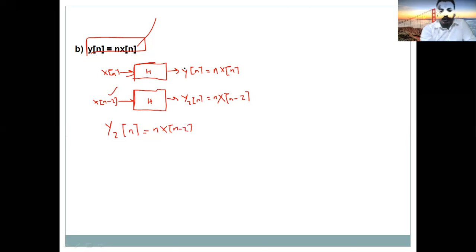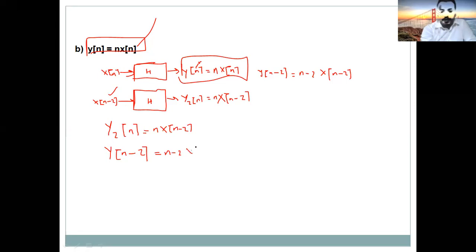Next, shift the output. When you shift the output by 2, you change n to n minus 2, so this n becomes n minus 2, times x of n minus 2. So the shifted output is n minus 2 times x of n minus 2.